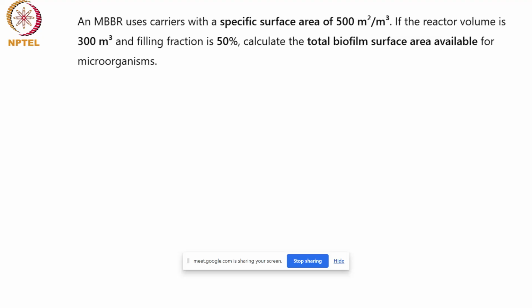An MBBR uses a carrier. This is a bit different problem, but I think you will be able to answer.